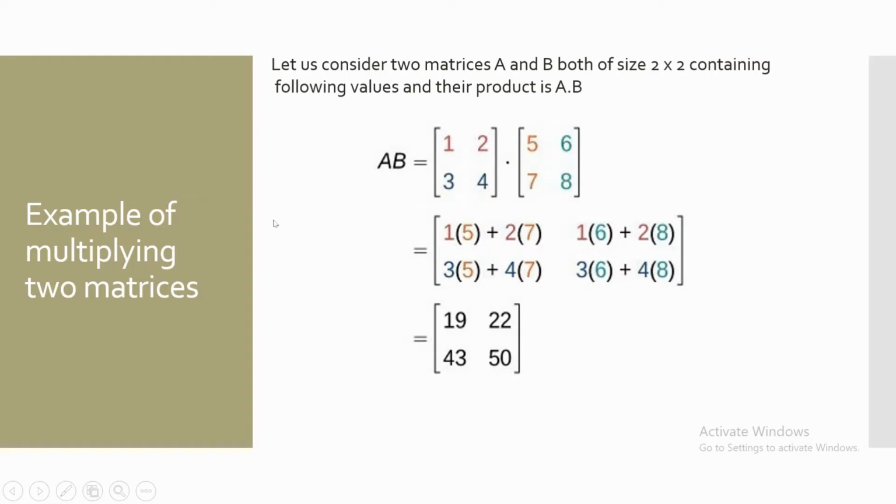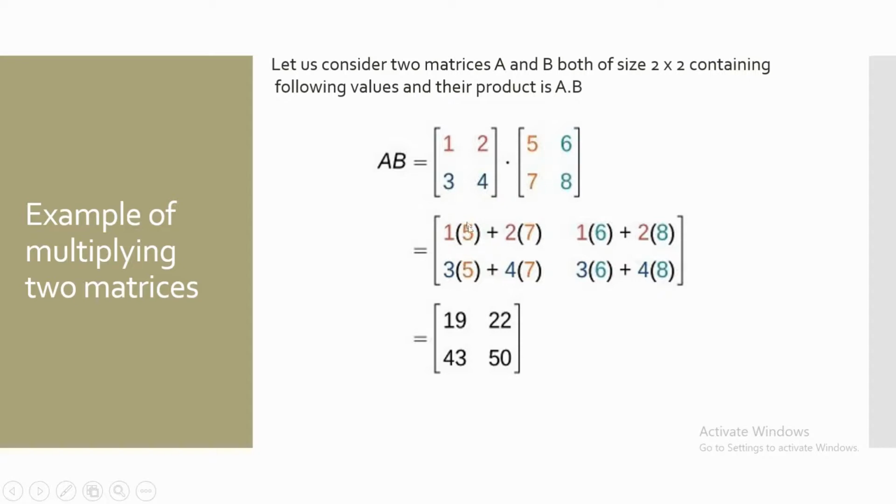Now because our topic is matrix multiplication, I want to multiply two matrices. So here I have taken two matrices of size 2 by 2, right? If I want to multiply these mathematically, you know how we can multiply two matrices. This row and this column are multiplied, then this row and the next column are multiplied.